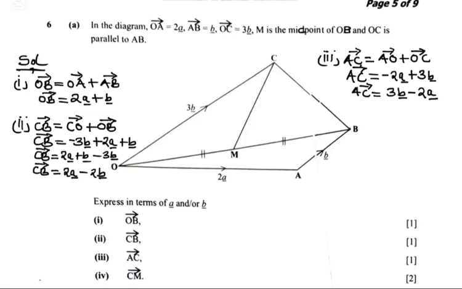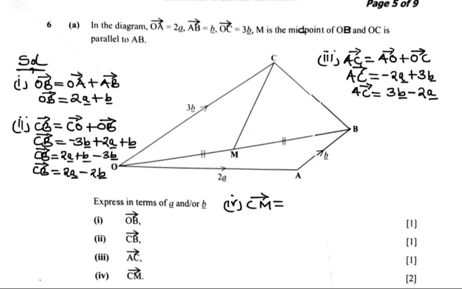Then going to the last part, Roman numeral 4. On Roman numeral 4, we want to find the vector CM. To get the vector C to M, one thing we need to know is M is the midpoint of OB.